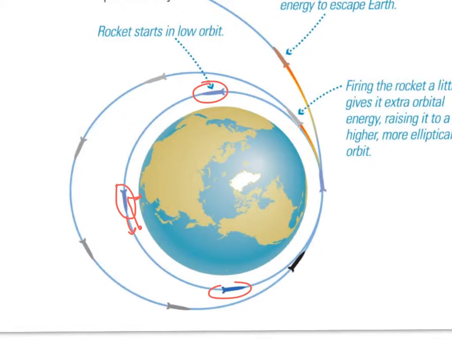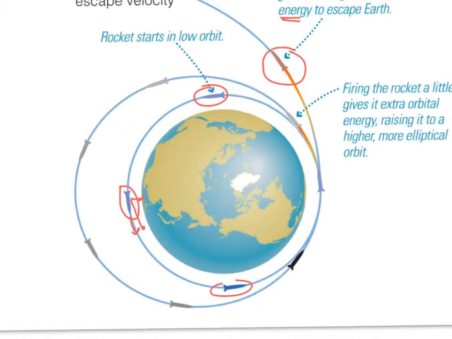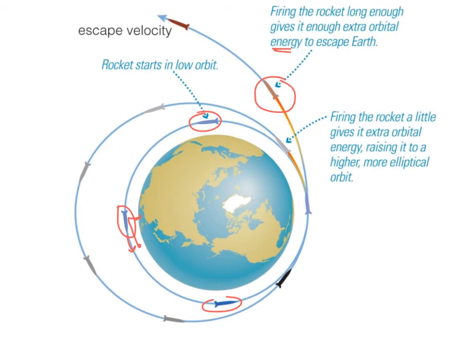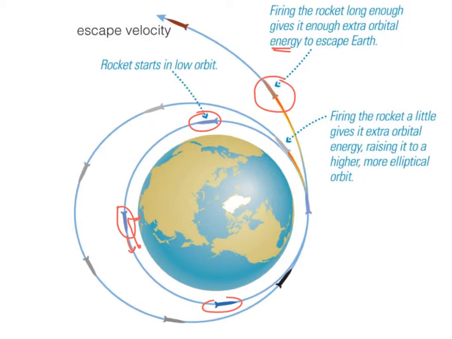But if the rocket were to have sufficient velocity, sufficient speed, it could have enough energy to escape the surface of the Earth. This minimum energy needed to escape the gravitational influence of an object is called escape velocity.